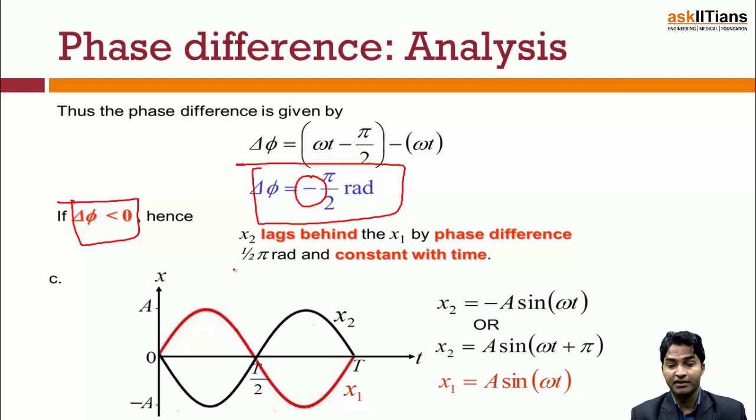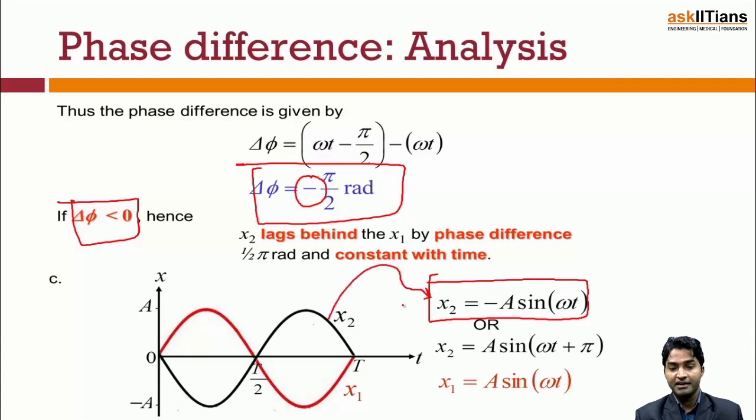So in the third case, if we are given x2 equal to a into minus sine omega t, that is just a black equation, and x1 is a red equation. They are out of phase.